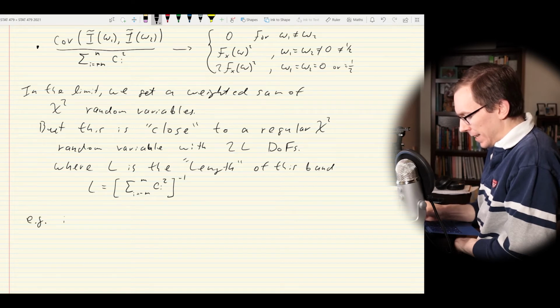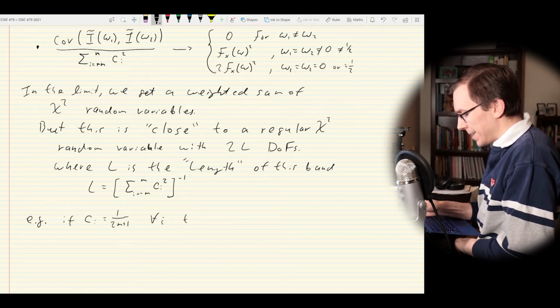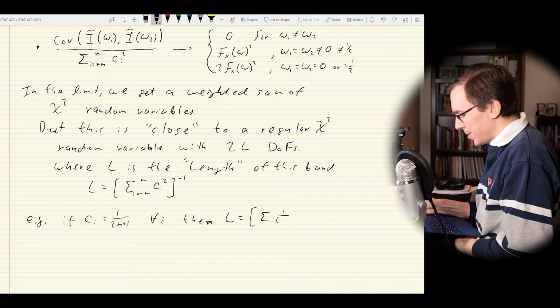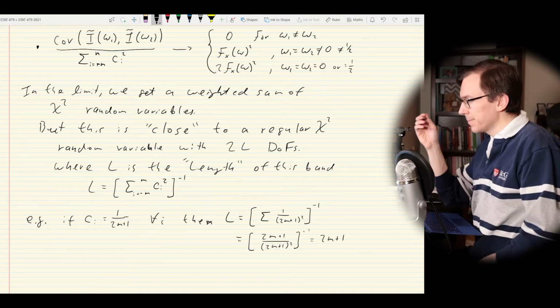If ci is just equal to 1 over 2m plus 1 for all i, then we get a length which is the sum of 1 over 2m plus 1 squared, to the minus 1, which is 2m plus 1 over 2m plus 1 squared, to the minus 1, which is just 2m plus 1.